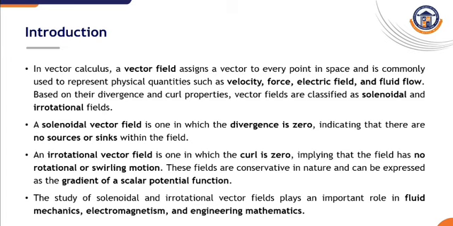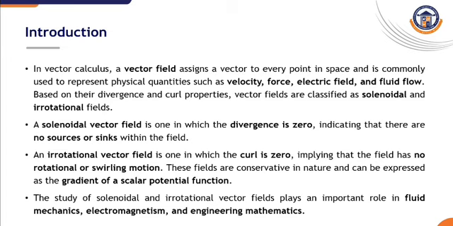The vector fields are classified as solenoidal and irrotational fields. A solenoidal vector field is one in which the divergence is zero, indicating that there are no sources or sinks within the field. An irrotational vector field is one in which the curl is zero, implying that the field has no rotational or swirling motion.